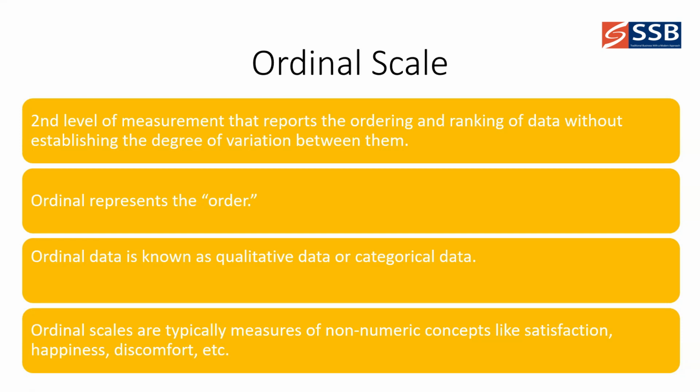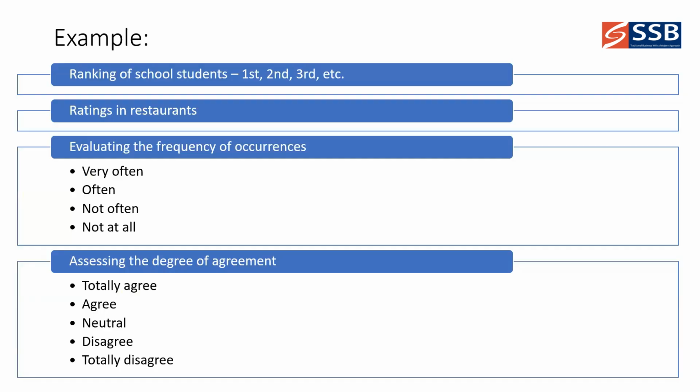Basically your qualitative data is measured by your nominal scale and your ordinal scale. They are going to measure non-numeric concepts like satisfaction, happiness, discomfort. They are actually emotions, but they are measured using a particular scale, and this scale we call the ordinal scale.